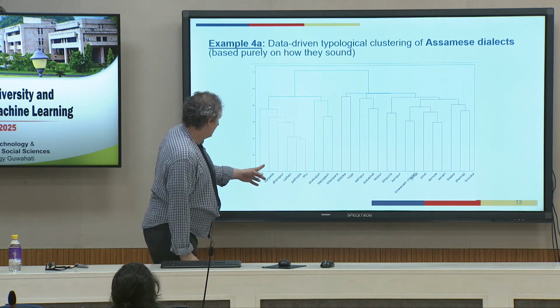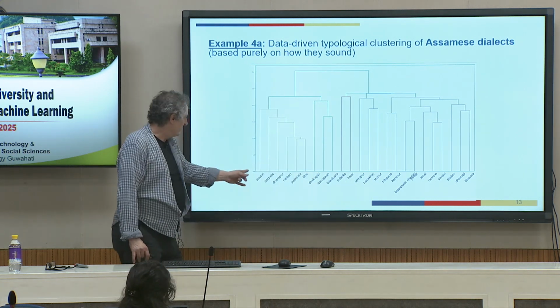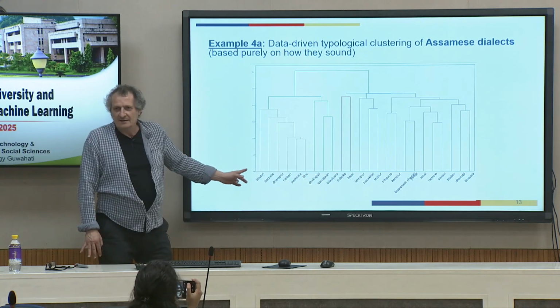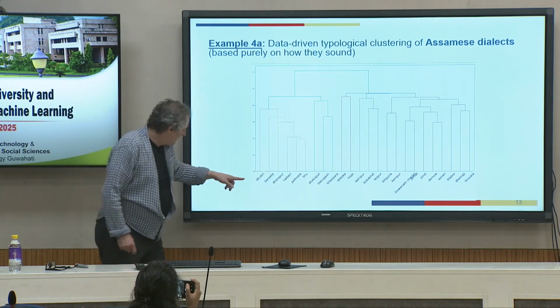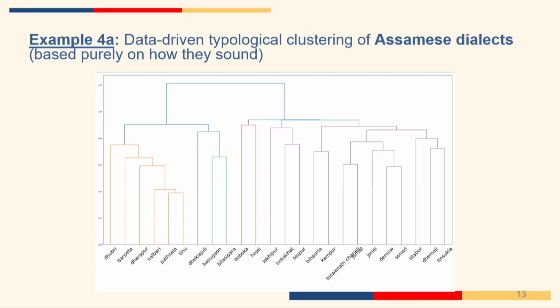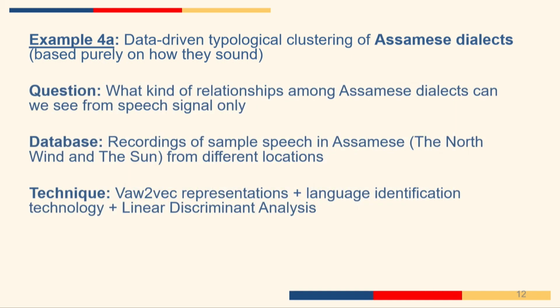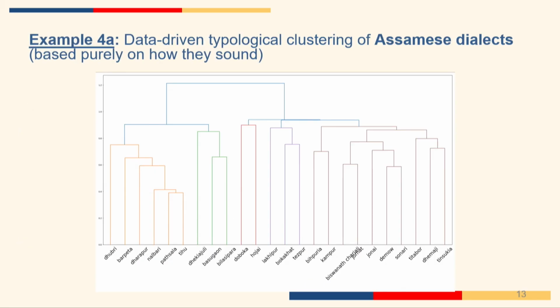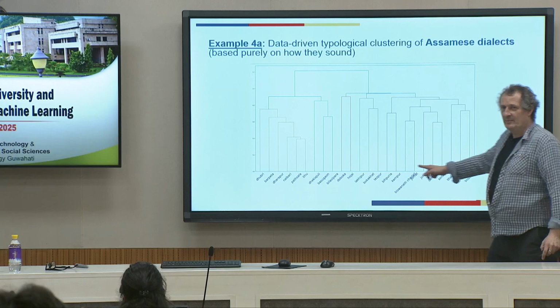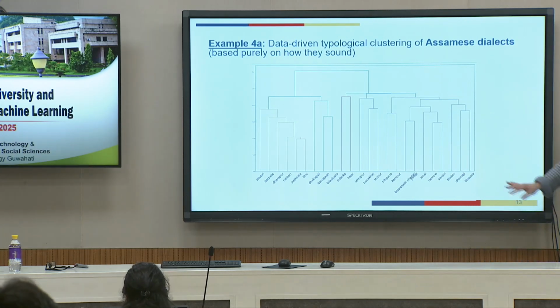I would have hoped that these are primarily lower Assamese locations: Dhubri, Barpeta, Goalpara, Nalbari, and things like that. Hopefully, if all goes well, they are mostly lower Assamese locations, and these from here up would be probably more upper Assamese. Central and upper, yeah.